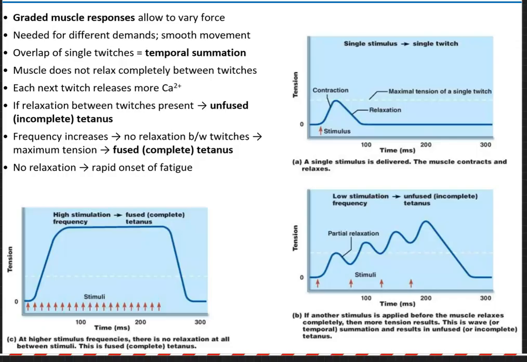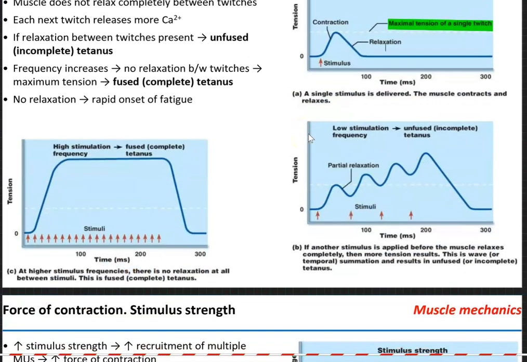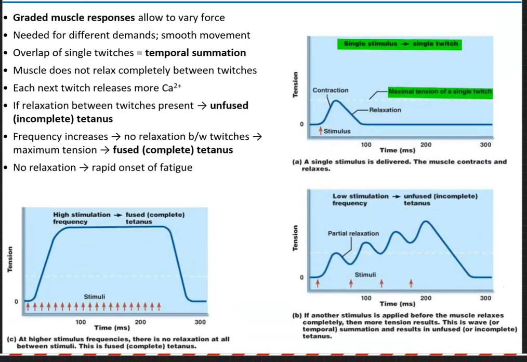So when a single twitch is produced in response to a single stimulus, the maximal tension is limited by the strength of that motor unit, and it completely relaxes. When you start overlapping single twitches, effectively having a temporal summation, the force of contraction dramatically increases.